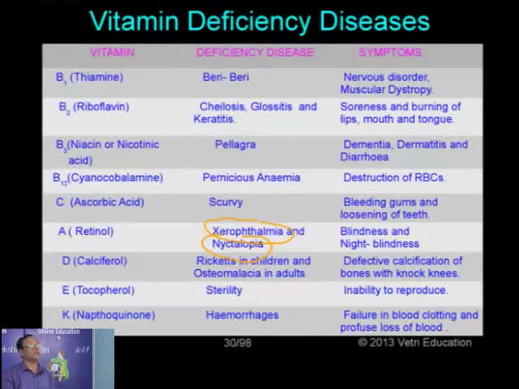Then vitamin D, calciferol, the vitamin responsible for the metabolism of calcium. When we use the word metabolism, it refers to synthesis, storage, breakdown, all coming under one category. Here it is responsible for the storage of calcium in the bones.